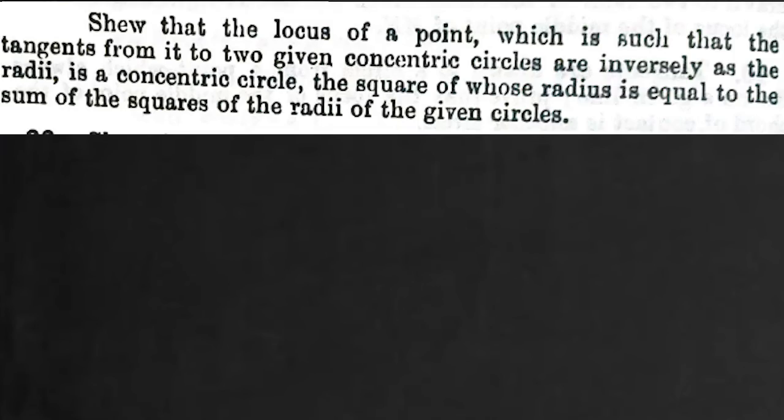The locus of a point which is such that tangents from it to two given concentric circles are inversely as their radii is a concentric circle, the square of whose radius is equal to the sum of squares of radii of the two given circles. So we have two concentric circles, say x square plus y square equals a square and x square plus y square equals b square.